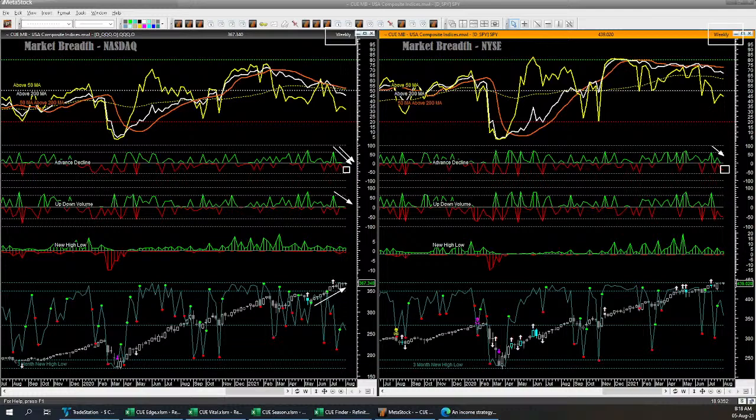The same is true for up-down volume also. Not only did they come down, they also turned negative. So this is showing a very clear divergence in internals, and that is one reason I am reluctant to buy stocks at the market top.